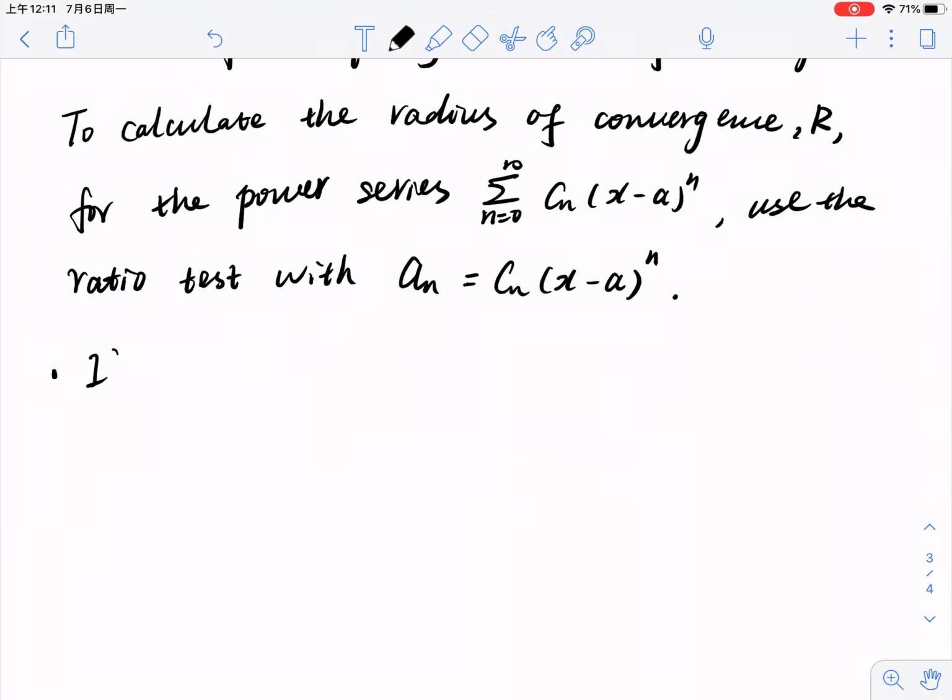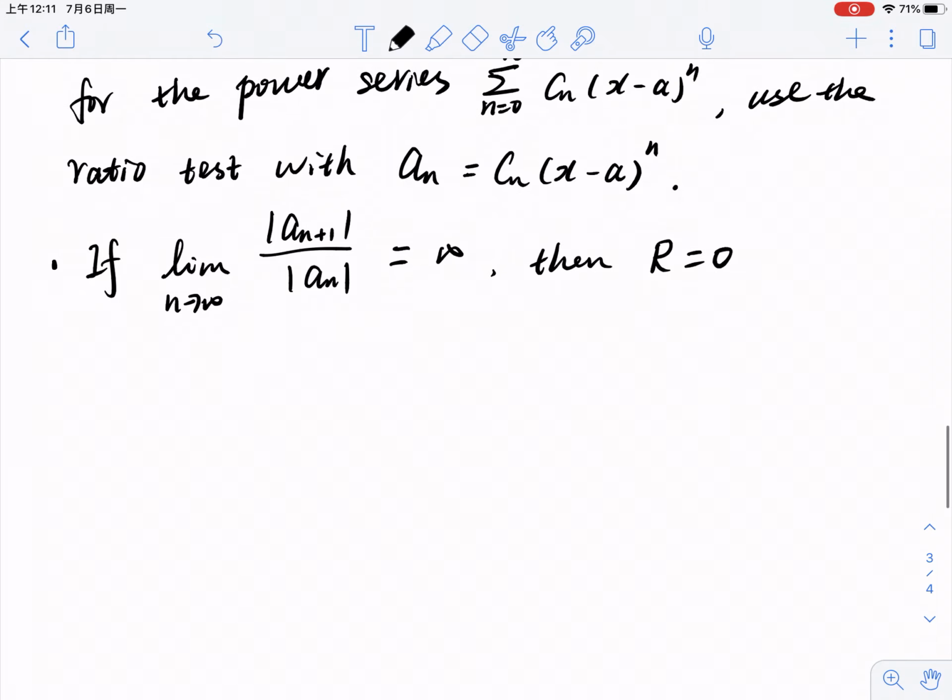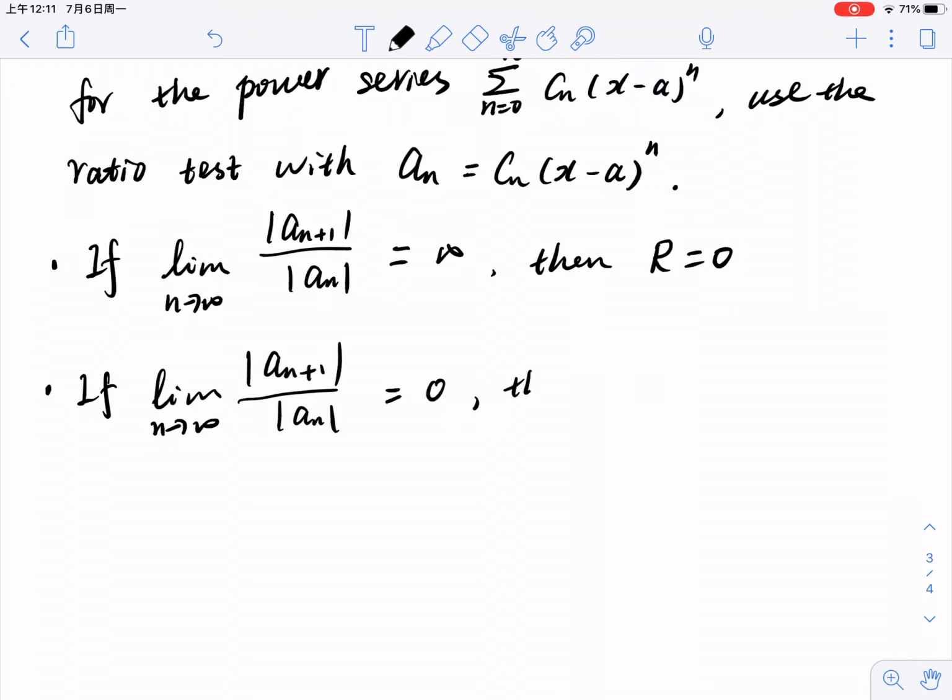If we have the limit of |a_{n+1}/a_n| as n goes to infinity, and this limit is infinity, then R, the radius of convergence, is 0. If the limit is 0, then the radius of convergence is infinity.